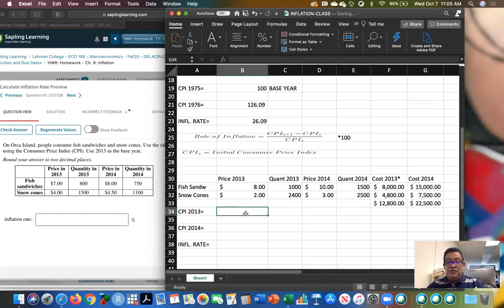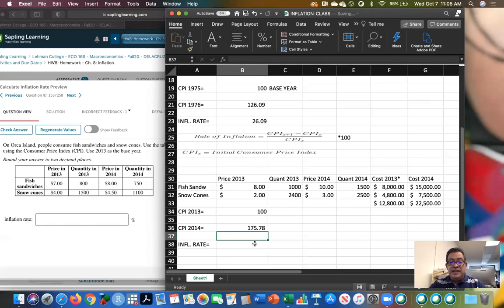So the CPI for 2013, once again, is 100% because 2013 is the base year, but it happens to be also the cost. So we divide it by the same and then multiply it by 100, right? The CPI for 2014 is going to be the cost of the basket of goods for 2014 divided by the base year, then multiplied by 100.